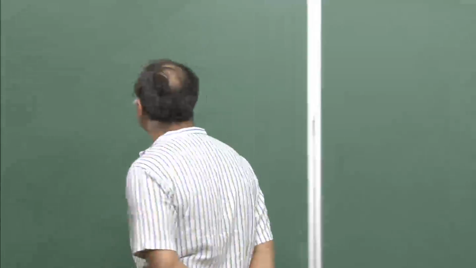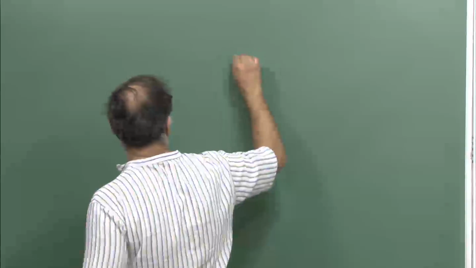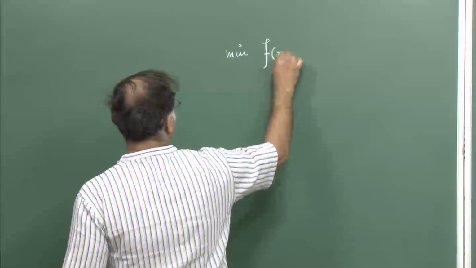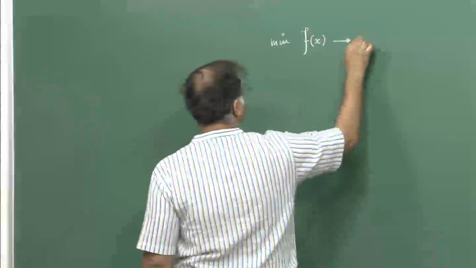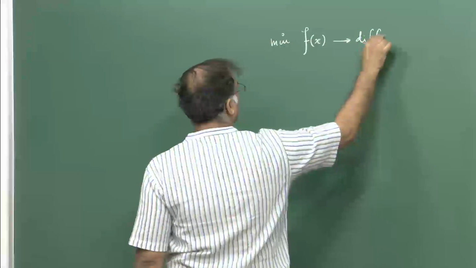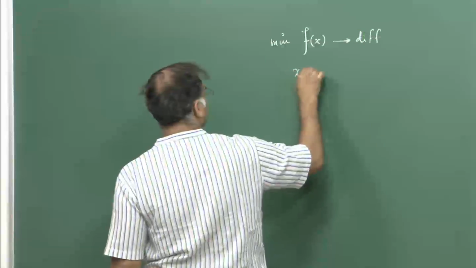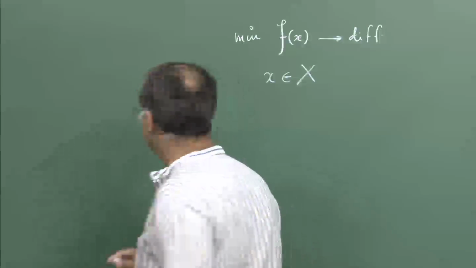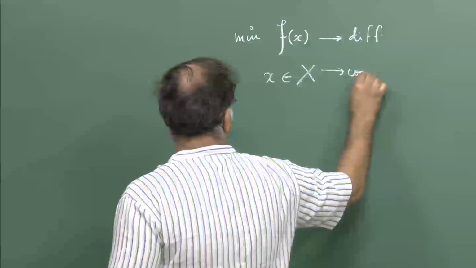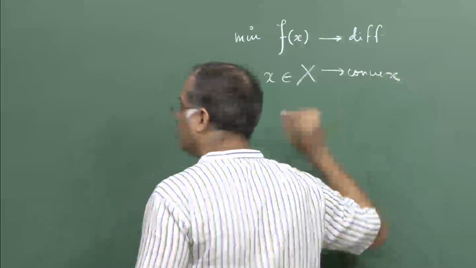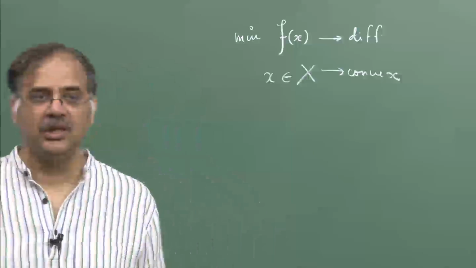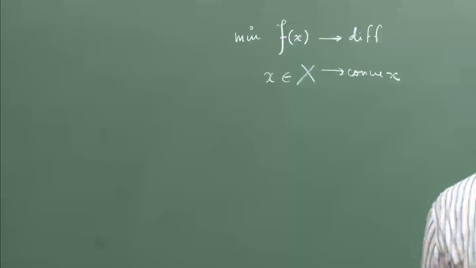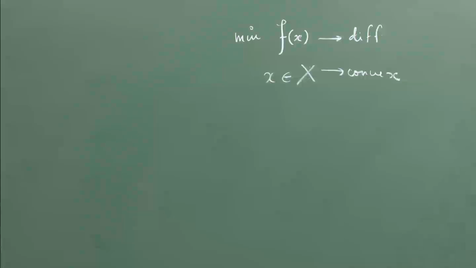One question was that suppose instead of a convex function, I replace the objective function by a function which is just differentiable, not convex, and try to minimize over a set X which is convex, then will the projected gradient method be a suitable method? That's a very important question, whether the projected gradient method will be a suitable method.